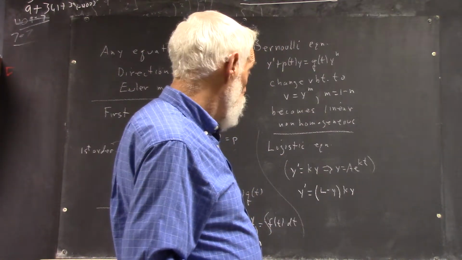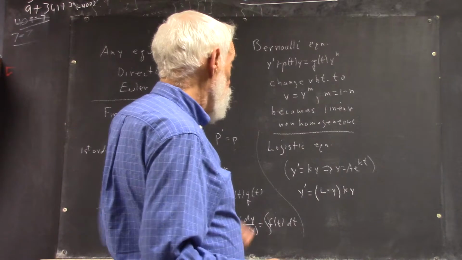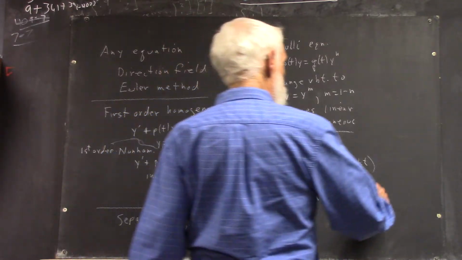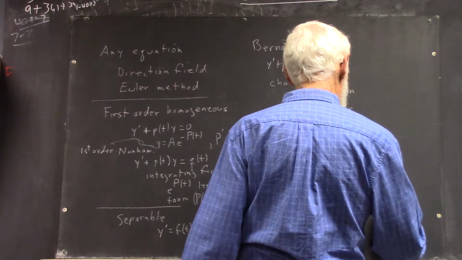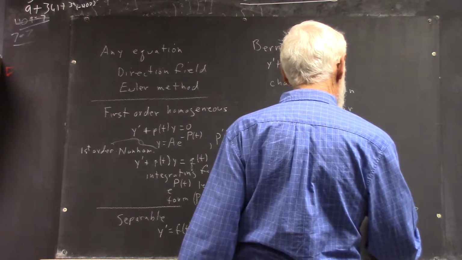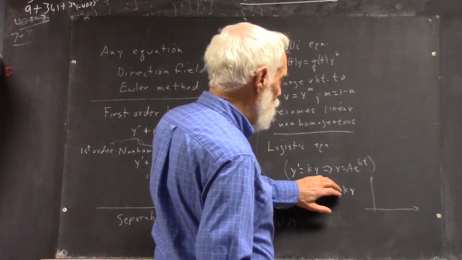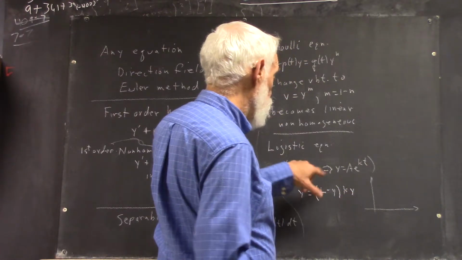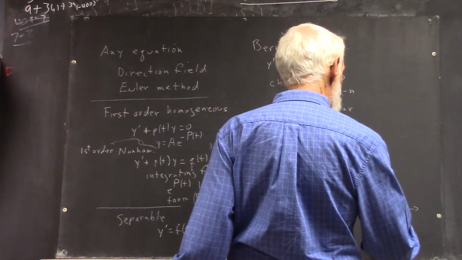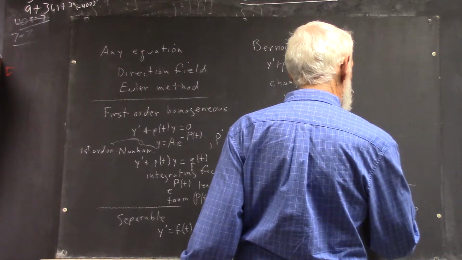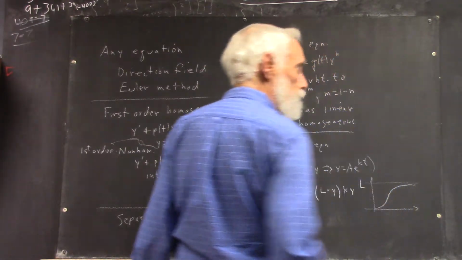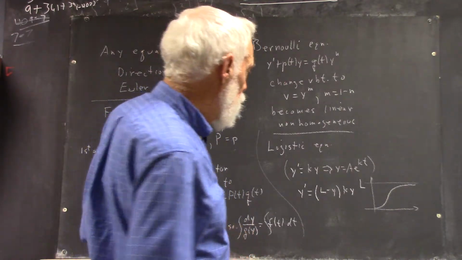Okay? And that leads to a solution. And what you get is a solution that kind of grows exponentially, kind of like y prime equals ky. But then as you approach a limiting population, it levels off.